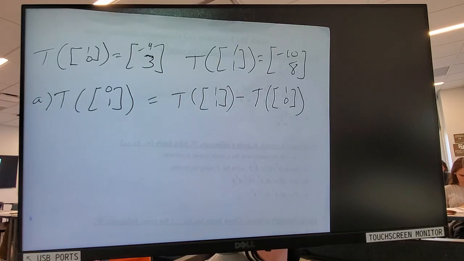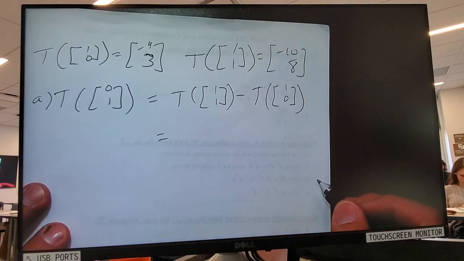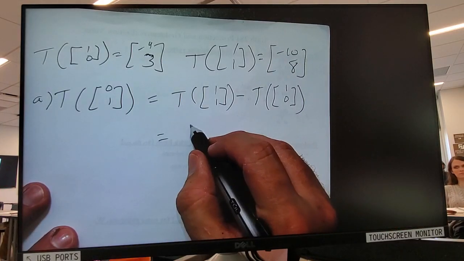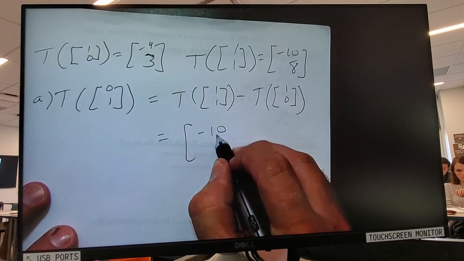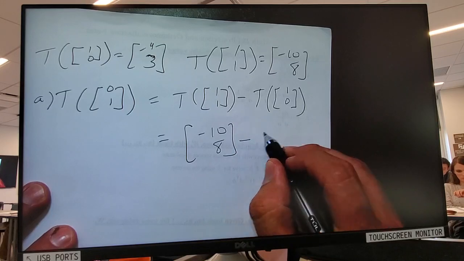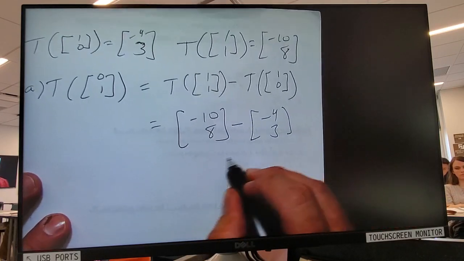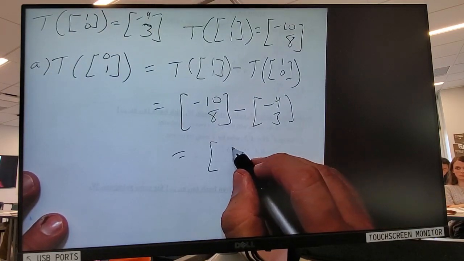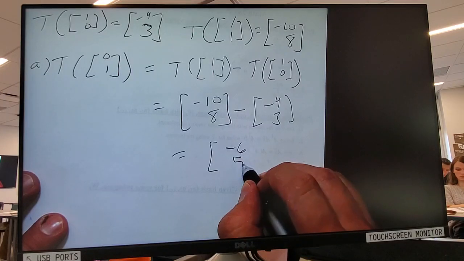It's based off of exactly what I told you. So what do you get then? Let's be very specific here. I'll get (-10, 8) minus (-4, 3). So I'll get (-6, 5).